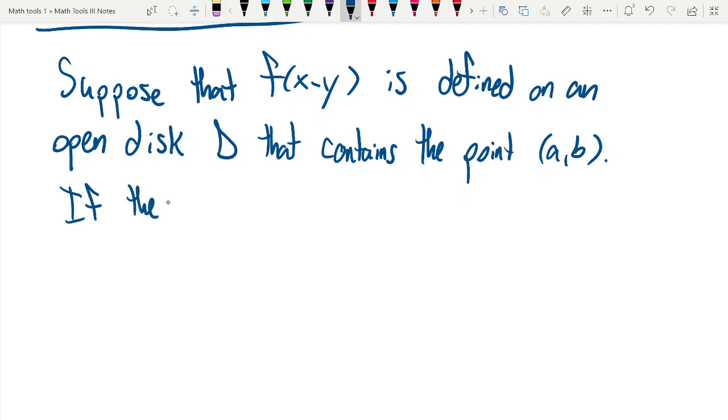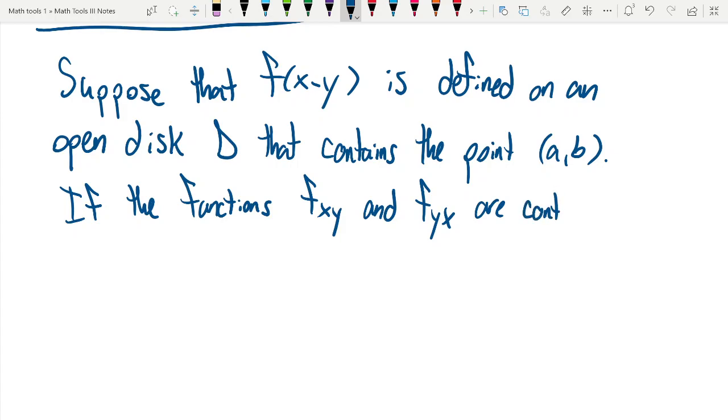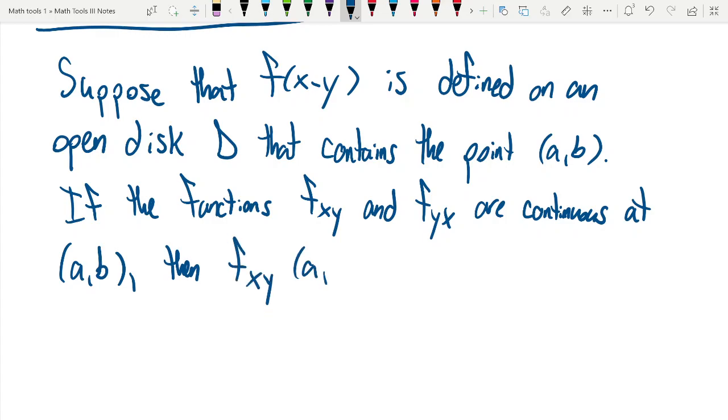So if the functions f_xy and f_yx are continuous at (a, b), then f_xy(a, b) is equal to f_yx(a, b).